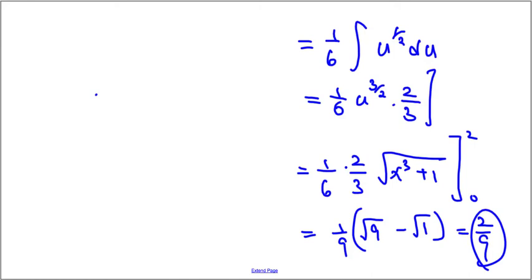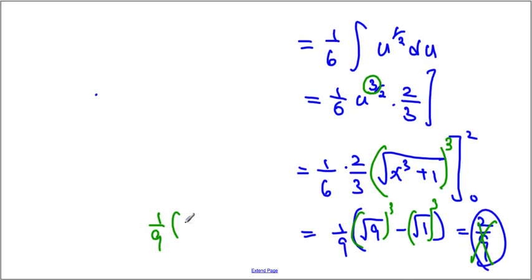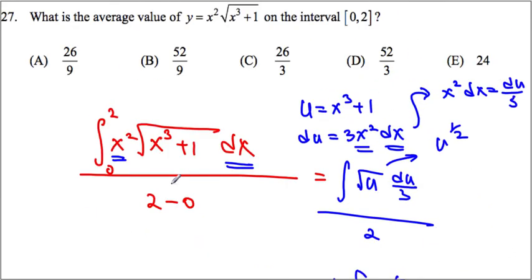I forgot to carry over 3 as an exponent over here. So we should have raised this to the 3rd power. Then instead of 2/9, here we have 3, and 3 to the 3rd power becomes 27. So 1/9 times 27 minus, here still 1. So we end up getting 26 over 9 as our final answer, which is choice A.